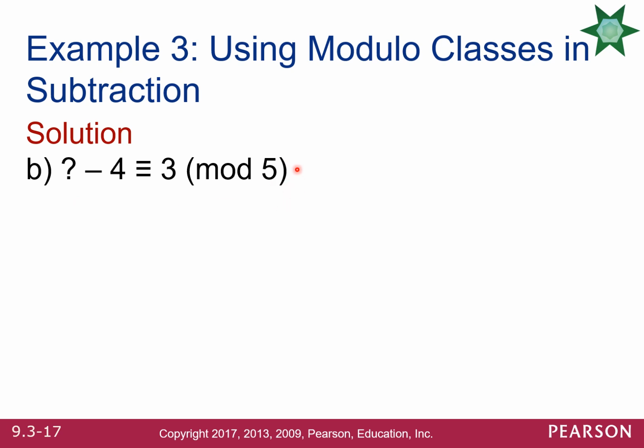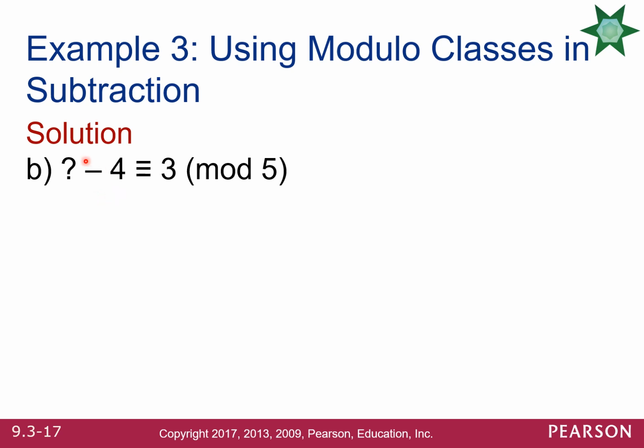So we start by plugging in a value for the question mark which will make the left-hand side the same as the remainder value. If it is the same as the remainder value, then that would make it congruent. It would place it in the same class.